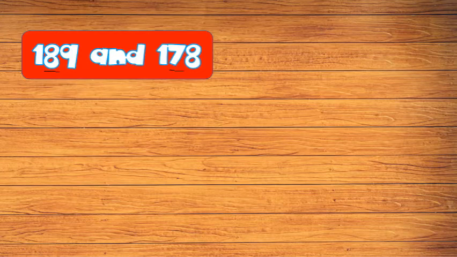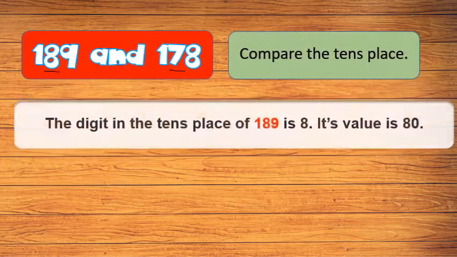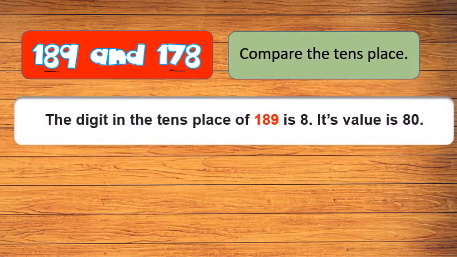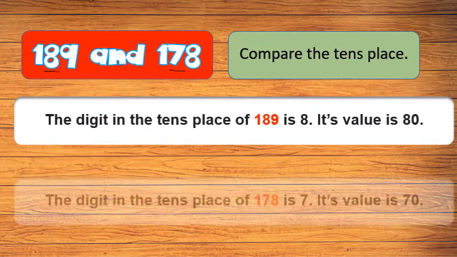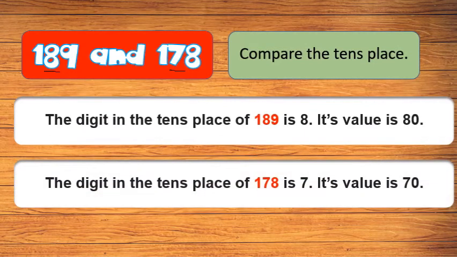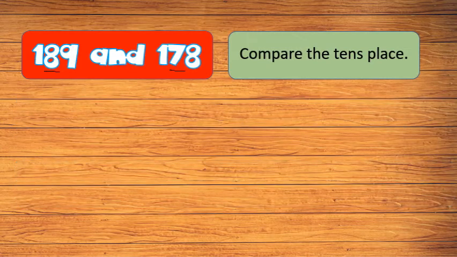So let's try to see which one is bigger. The digit in the tens place of 189 is 8. Its value is 80. The digit in the tens place of 178 is 7. Its value is 70. So which one is bigger, 80 or 70?